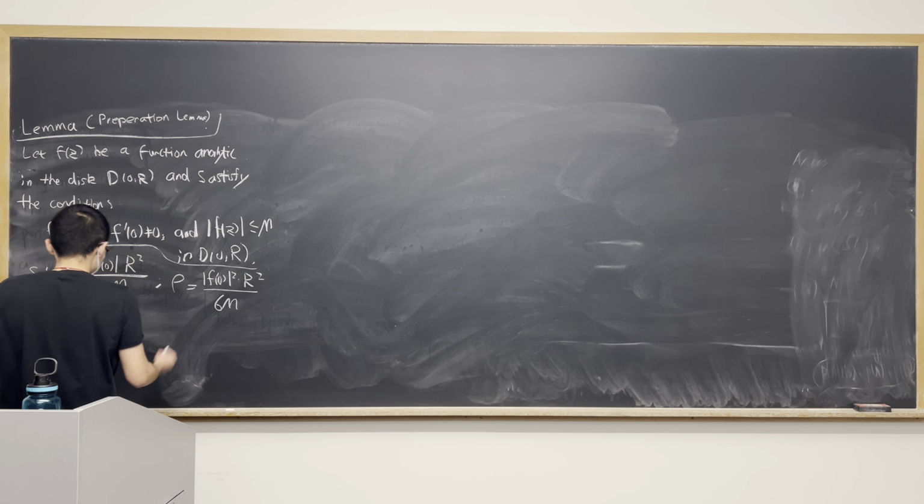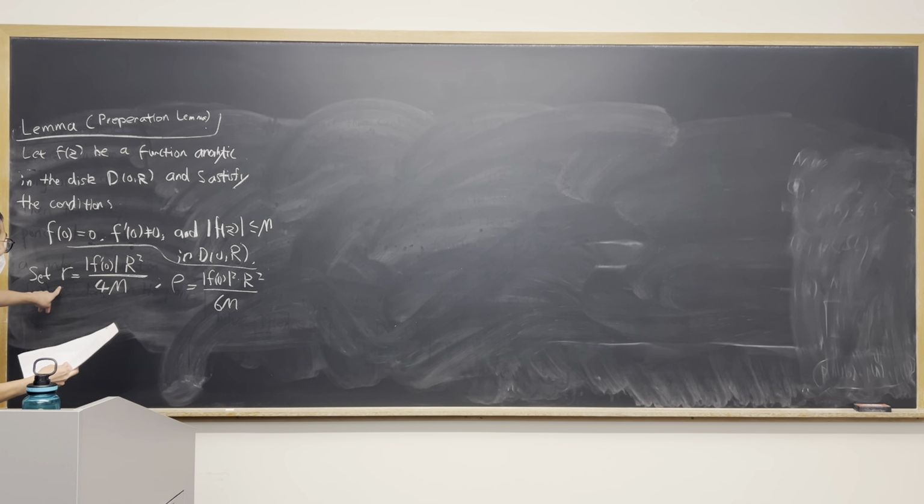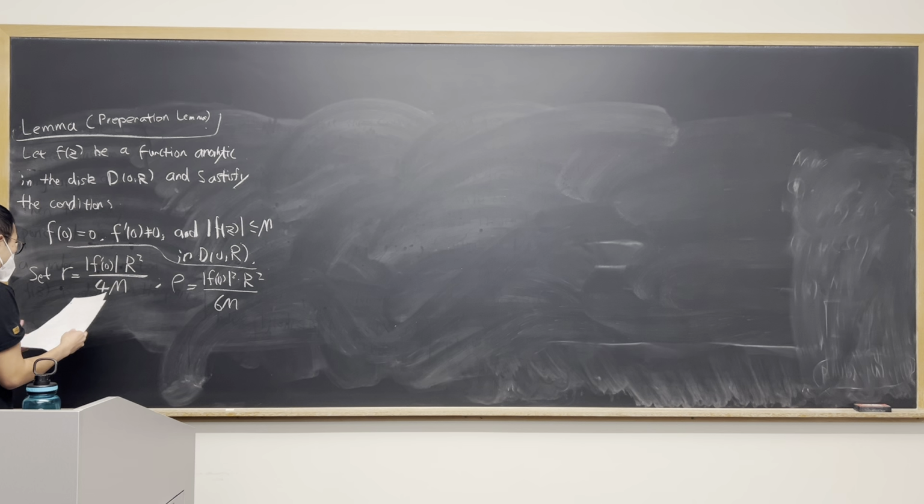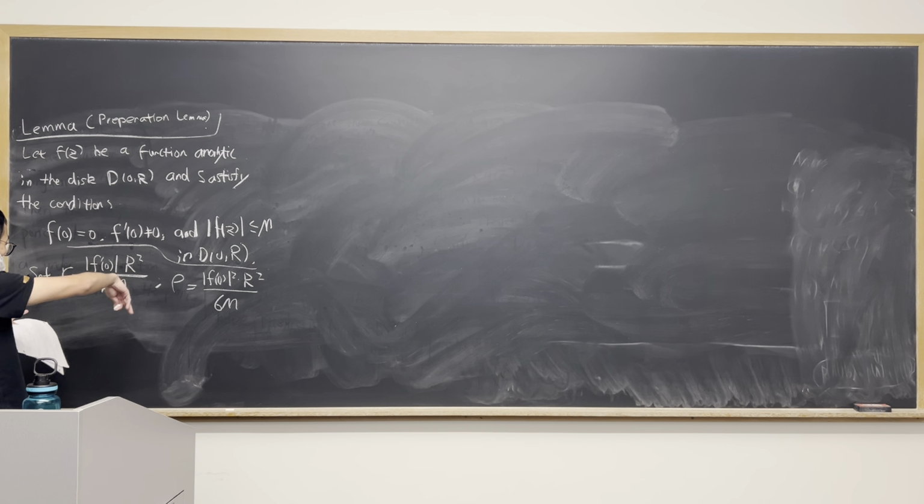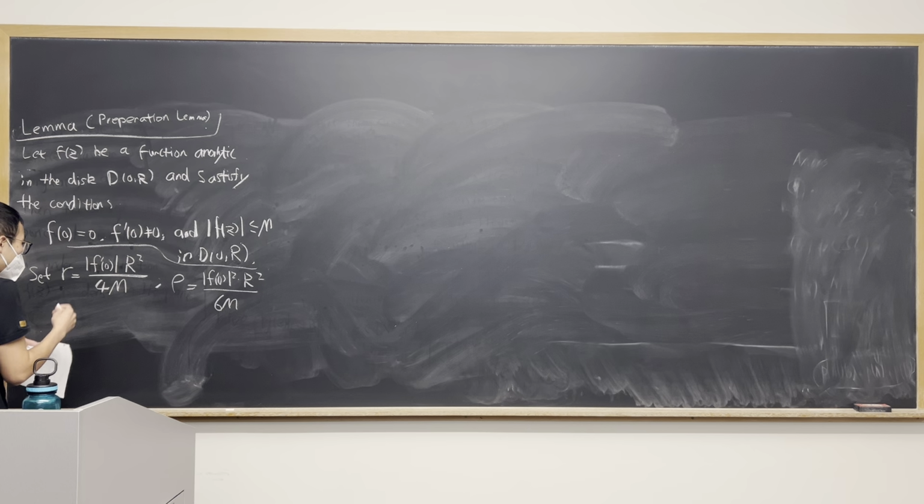Remember that this M is the upper bound. It has something to do with the radius, the first derivative, and also the bound of the function.